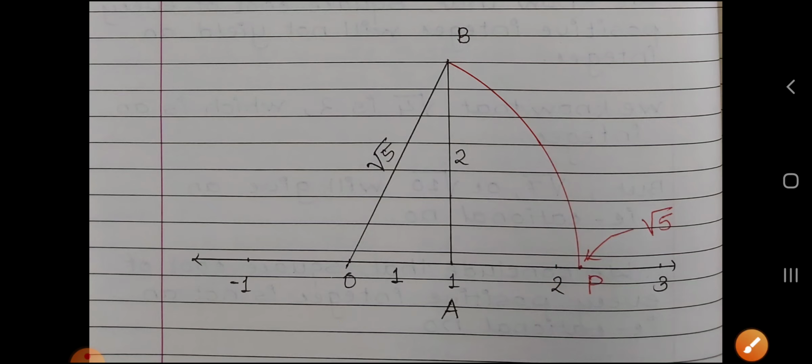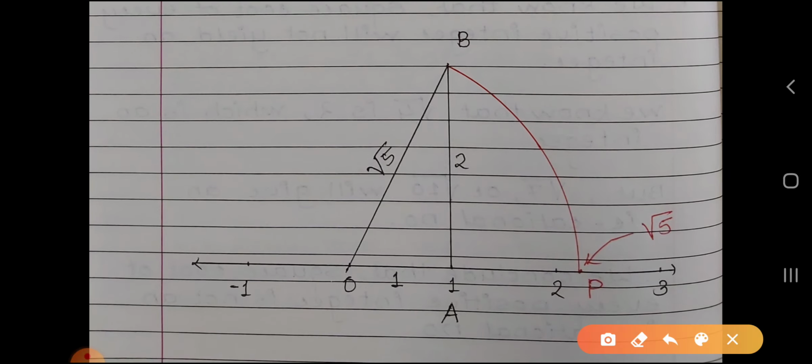Then join the points O and B. So we get OAB is a right angle triangle. Next, by using the compass with center O and radius OB, draw an arc which intersects the number line at point P. So P corresponds to square root of 5. Okay, got it.